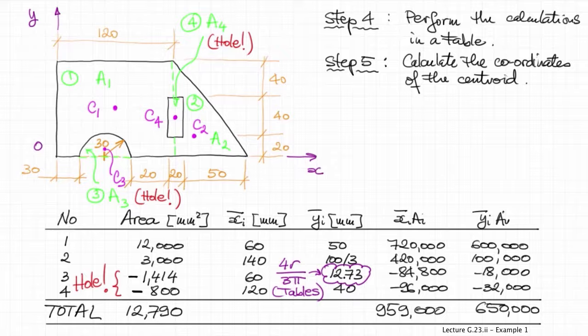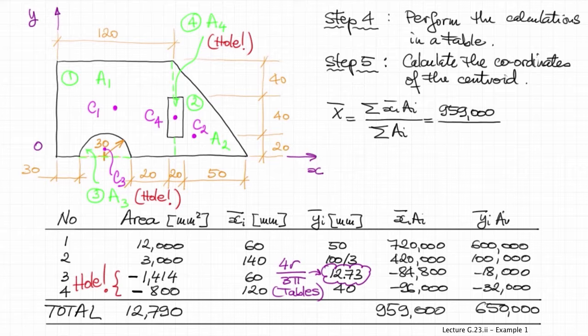So x bar equals the sum of xi bar ai divided by the total area of the plate. So 959,000 divided by 12,790.